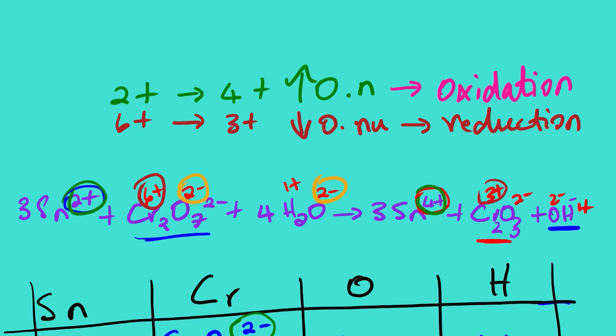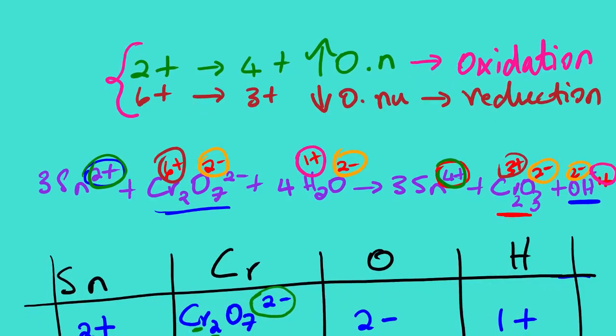Oxygen is 2 minus. You look at the products, it remains 2 minus. Hydrogen 1 plus. It's also 1 plus this side. So we have determined our elements which undergo oxidation, reduction, or redox reaction.